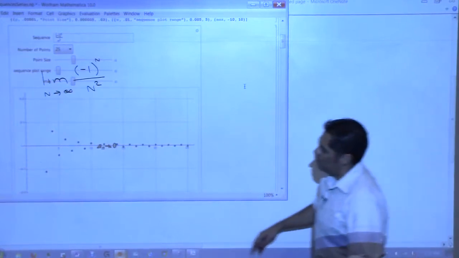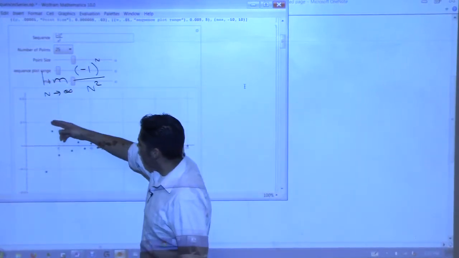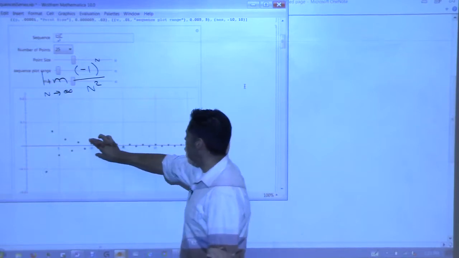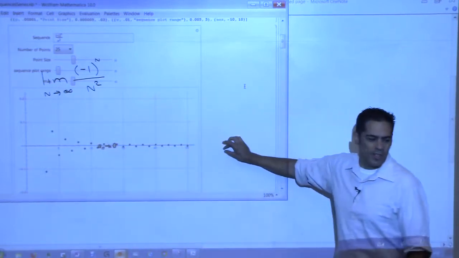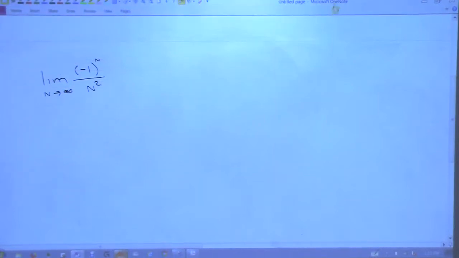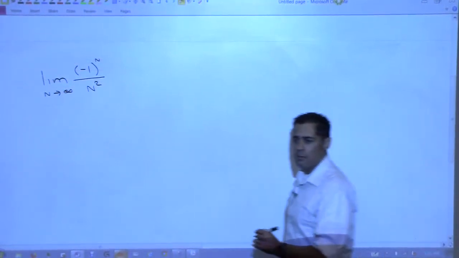Yeah, you can kind of see it. So you start out with a negative, then a positive, then a negative, positive, negative, positive. And you can see where it's headed, right? You can see it's headed to 0. But the way we need to verify that is by using that theorem.